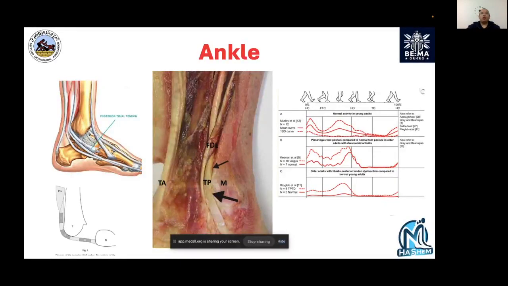For you to walk, look at this graph and this graph, and see with a normal tib post how the situation is in different activities, and here a comparison between the normal tib post and a tib post deficiency or a flat foot. As you see, your tib post plays a very important role in moving. At heel strike, then you put the foot flat, then you're loading the flat foot, and before toe-off it is very important for the tib post to come into action, so it can raise your arch and change the planes of your midfoot or Chopart joint.